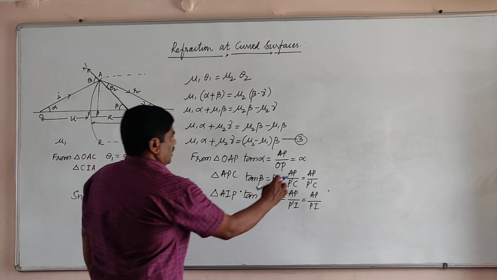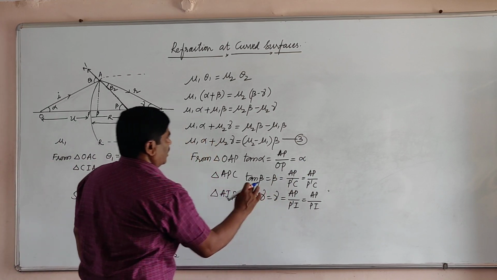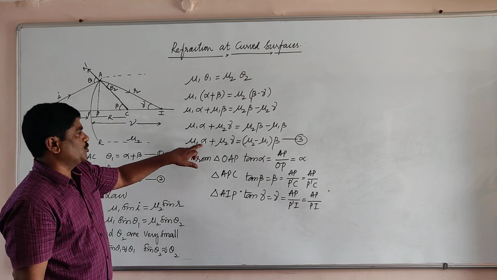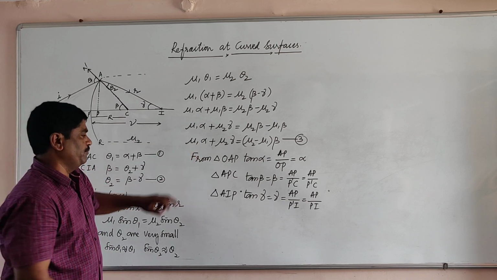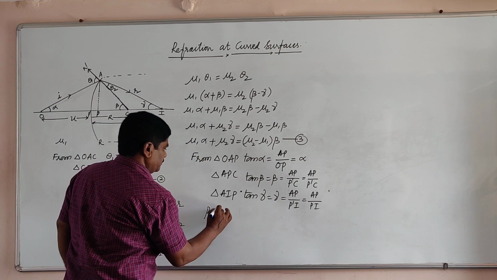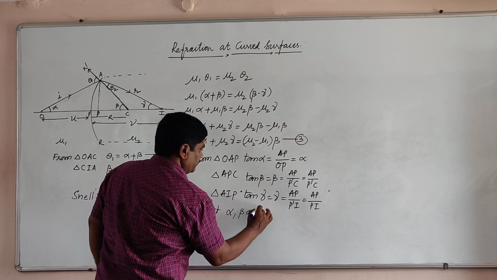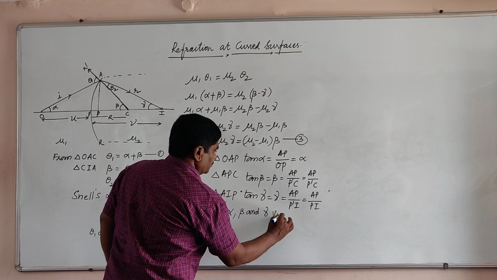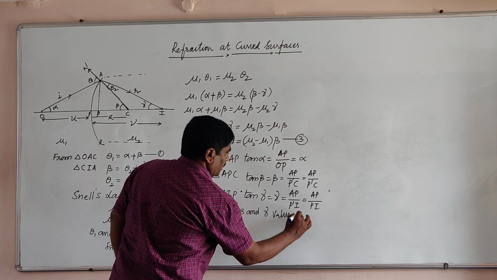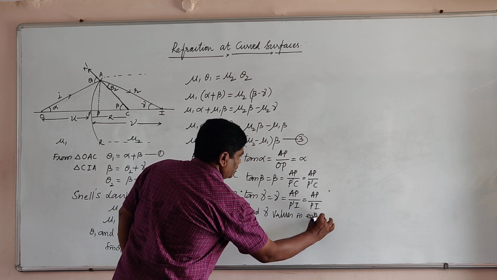Now these alpha, beta and gamma values we can substitute in equation 3. So put the alpha, beta and gamma values in equation 3.